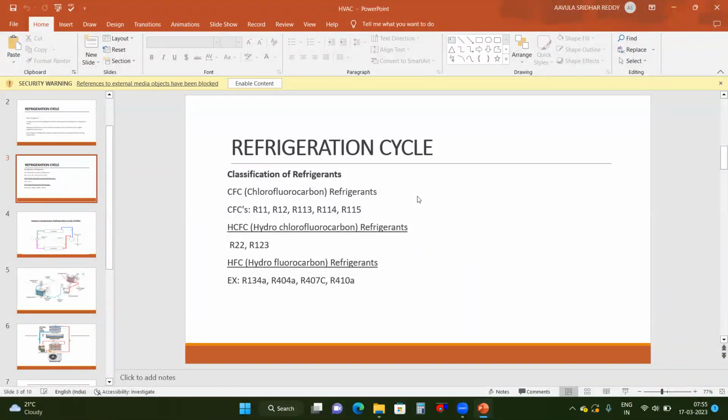So R22 was banned in recent years. People using old equipment still purchase and use it, but nowadays R22 is not used by any industries.